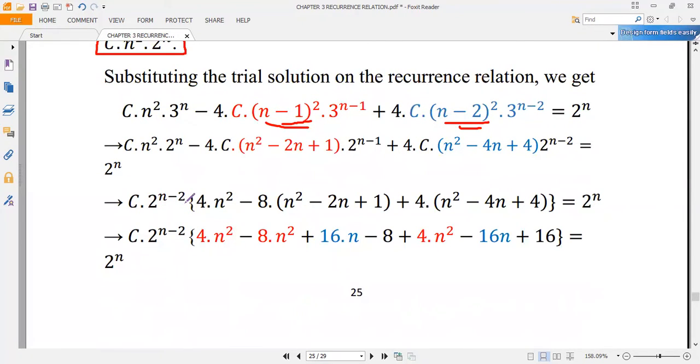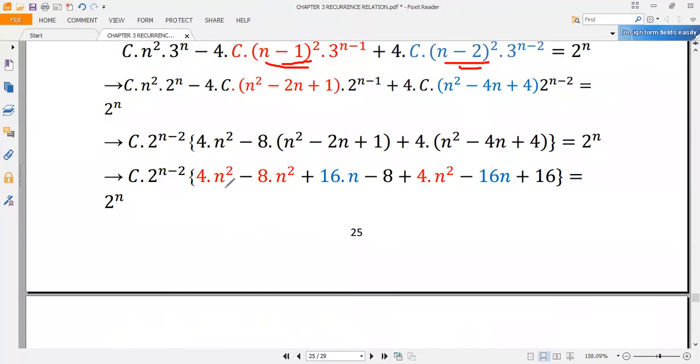So c times 2 to the power of n minus 2 is a common one. So what's left here is 2 to the power of 2, which is 4 times n squared. 4 times n squared is left. What's left here is 2 times 4, which is minus 8 times (n squared minus 2n plus 1). And the last one, what's left is 4 times (n squared minus 4n plus 4), which is equal to 2 to the power of n.